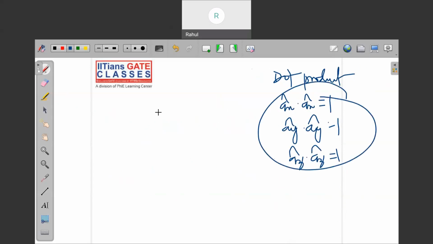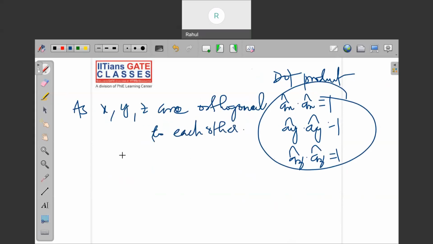And as we know, x, y and z are orthogonal to each other, so if you take the dot product with different ones, ax dot ay is going to be 0, ay dot az is going to be 0.